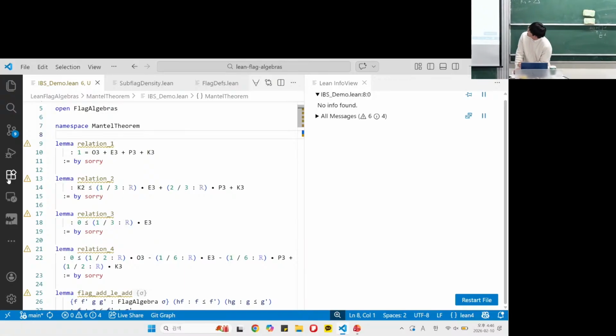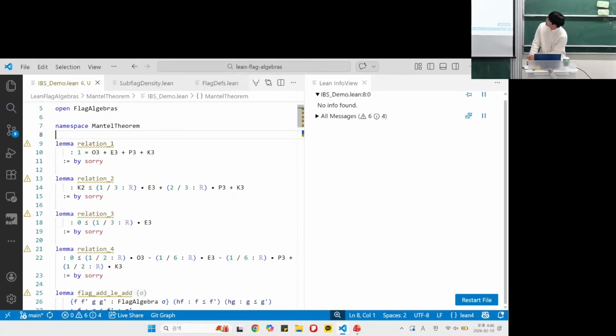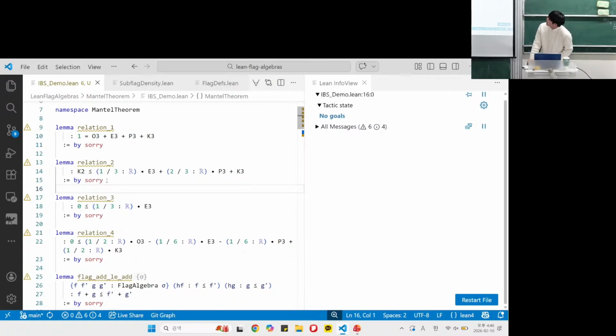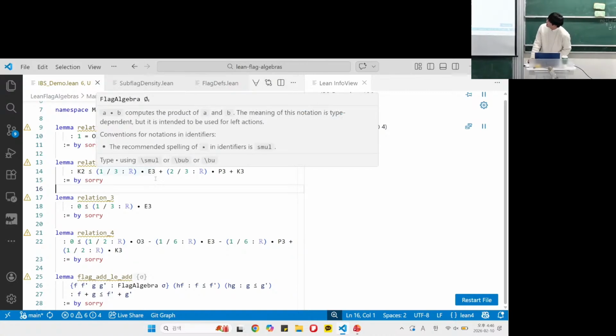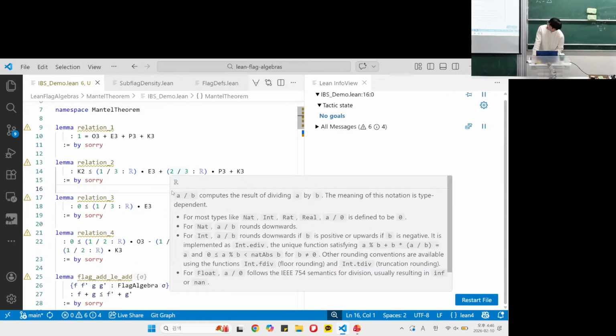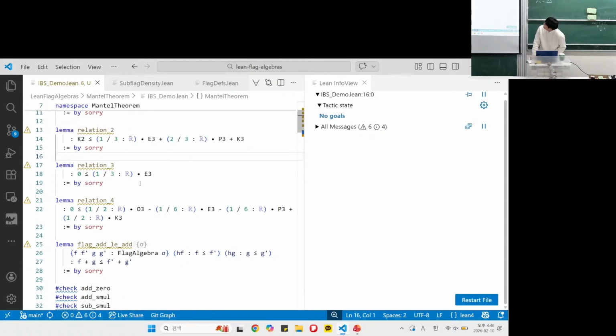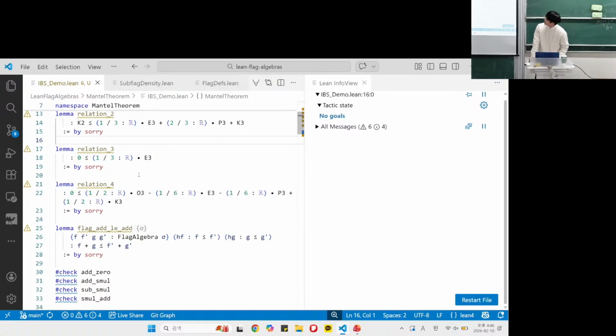So you can see the relations. Relation 1 is O3 plus E3 plus P3 plus K3. And relation 2, K2 is less than or equal to 1 over 3 times E3 plus 2 over 3 times P3 plus K3. And relation 3, 1 over 3 times E3 is non-negative, and relation 4 is, as I mentioned earlier, the unfamiliar inequality, which can be obtained by the downward operation in flag algebra.